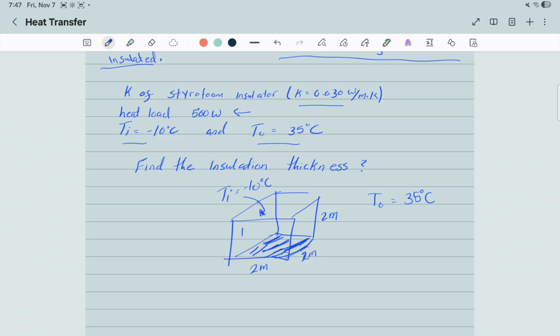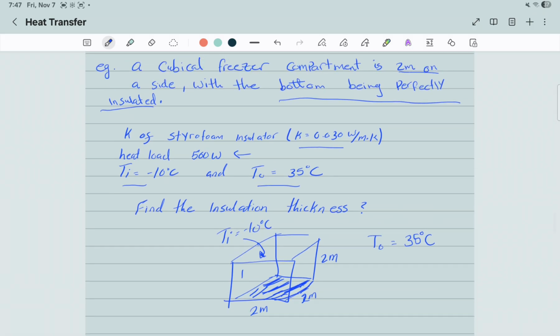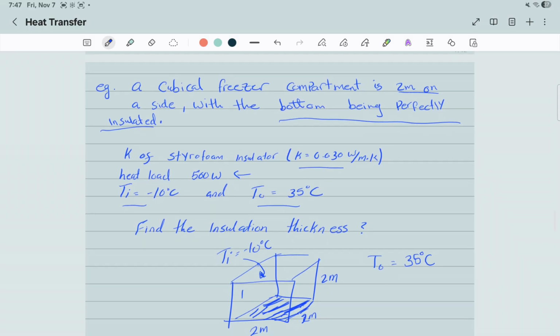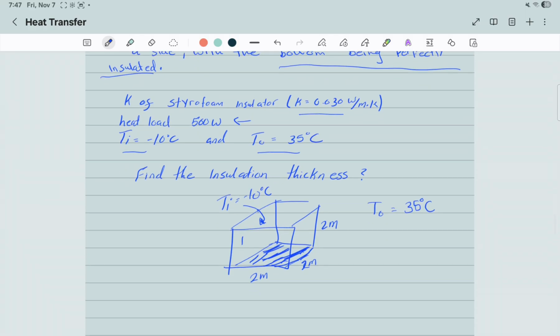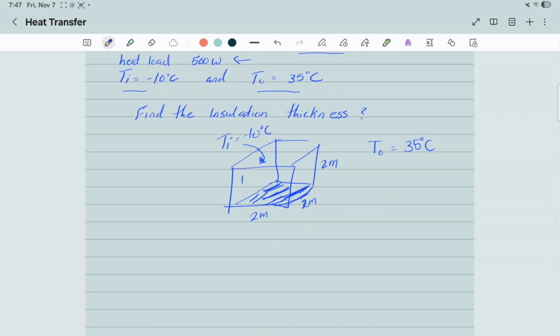Heat always transfers from hot to cold. Okay? So that is a conduction heat transfer, because heat is transferred through the material, styrofoam wall. We'll just use wall. Okay, the freezer wall.